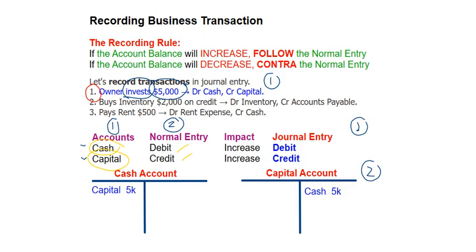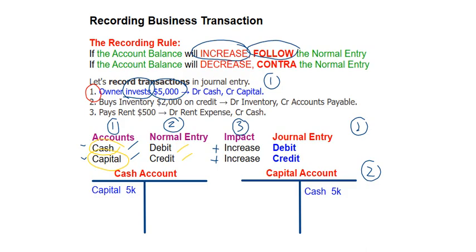The next step is for you to try to imagine what will be the impact of recording this transaction on these two accounts. If you were to record the owner's investment, you can expect that the cash account will increase, and the same goes for the capital account, which will also increase. So according to the rule here, if the account balances will increase, you just follow the normal entry.